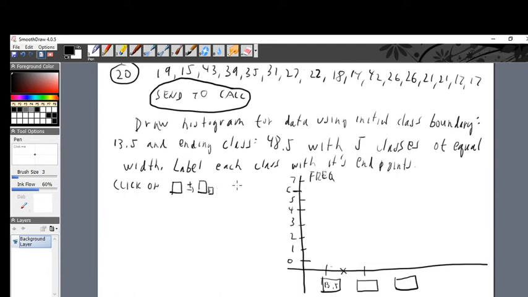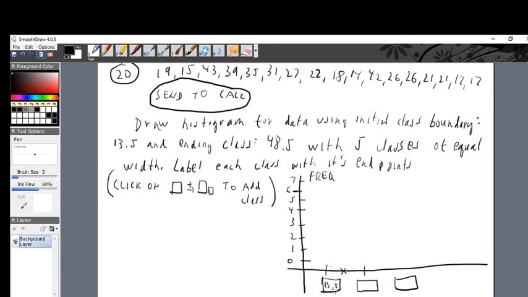You click on that icon if you want to add a class. So if you don't have enough classes, or you can also subtract if you do too many. So don't forget that icon is available for you to add classes if you don't have enough. All right, so how do we get these labels?